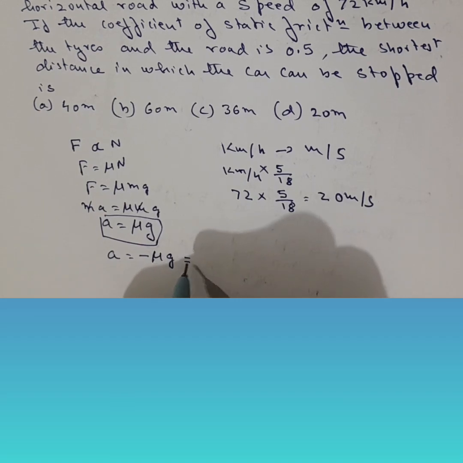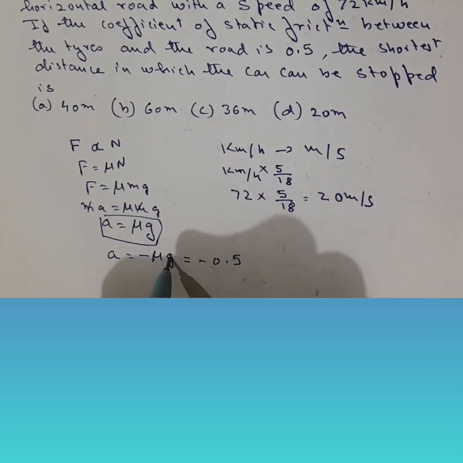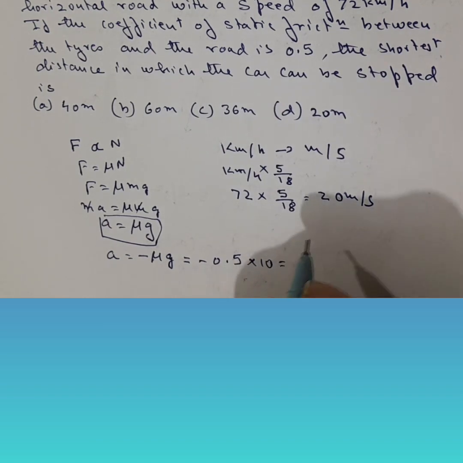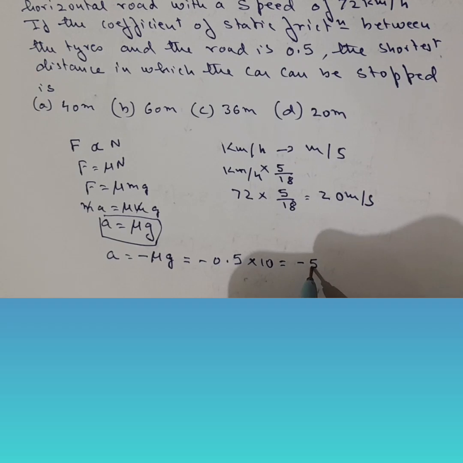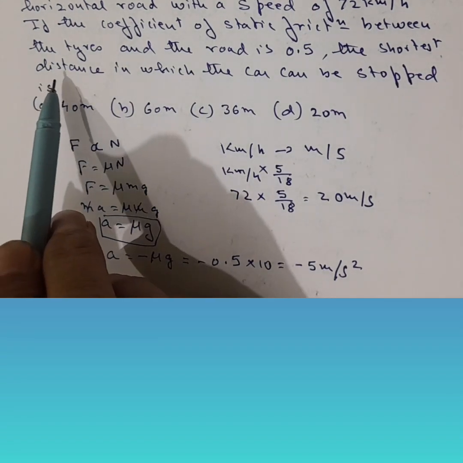Now they have provided us with static friction of 0.5 and g that we have to take is 10. So we get retardation equal to minus 5 meters per second square. Now what we want to know is the distance.